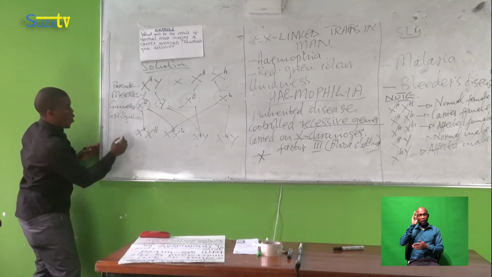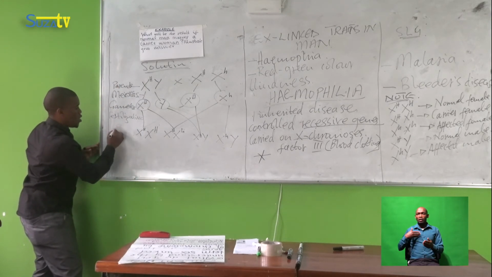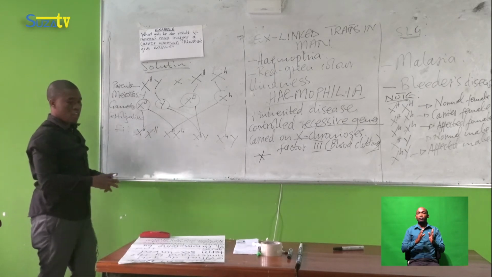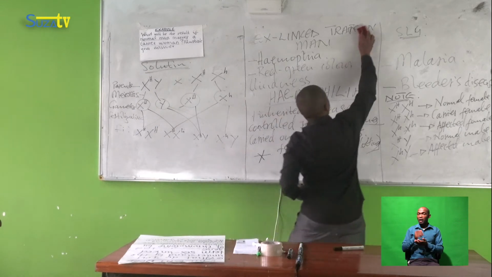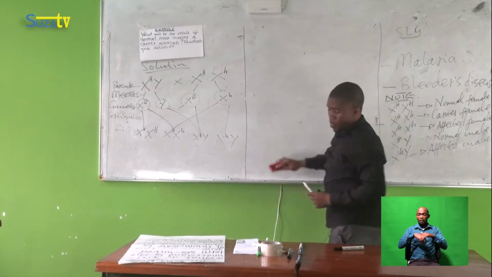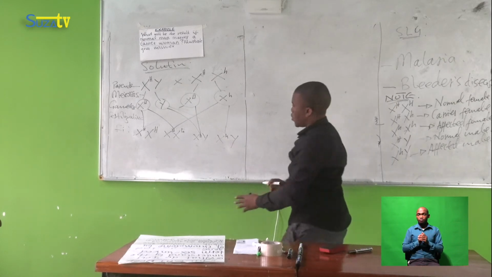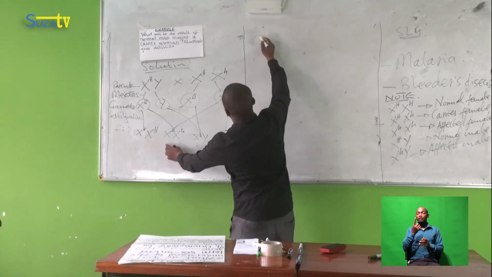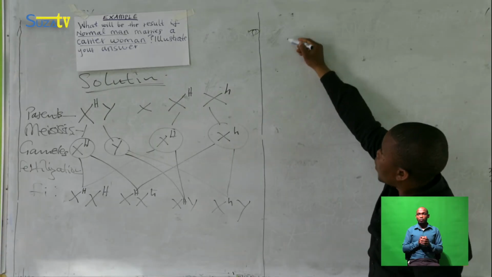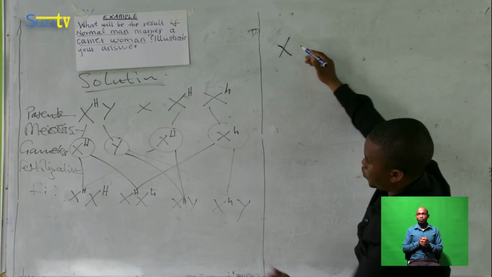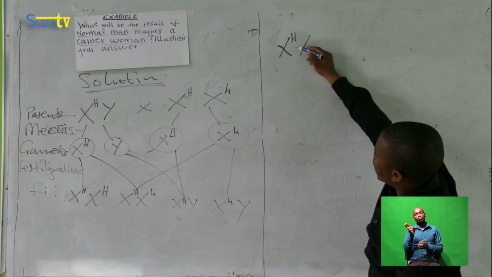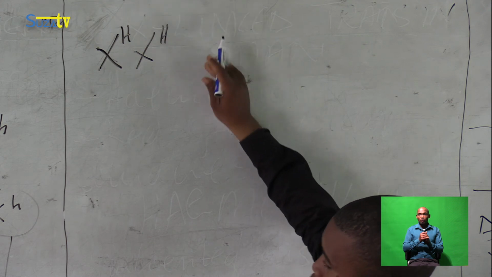So here we want to identify the stage of this generation. How can we explain the stage of this generation? Okay. The first daughter is X dominant gene and X with the dominant gene.